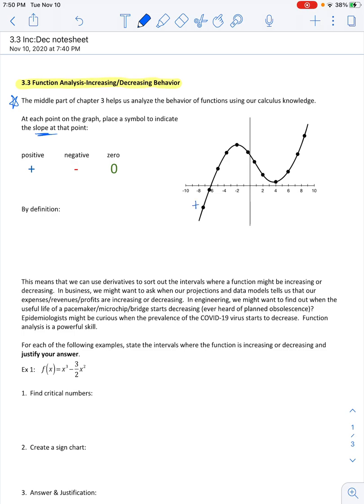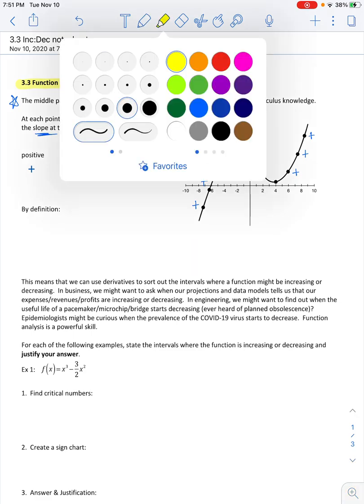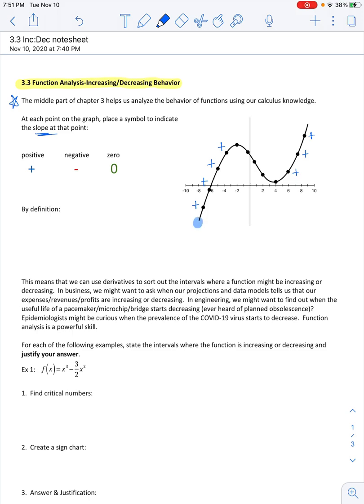Okay, so if we compare our graphs, all of these portions here should have little plus signs, and the slope in all these locations is also positive, so we have little plus signs there. It's no coincidence that this is also where the graph is increasing on those intervals.